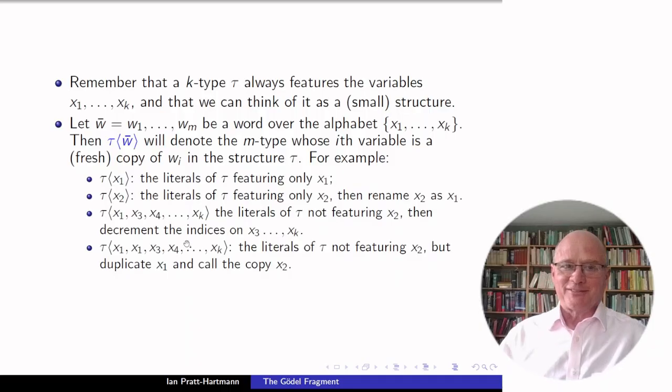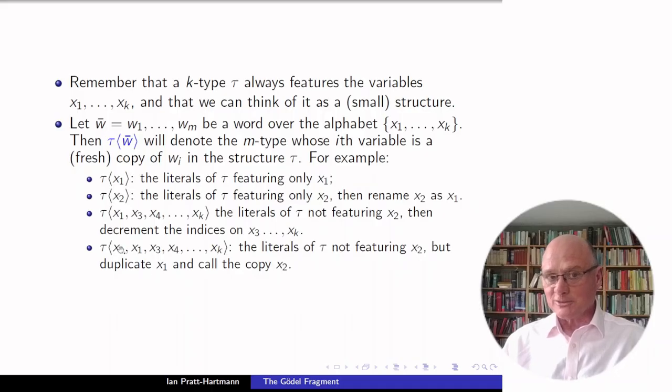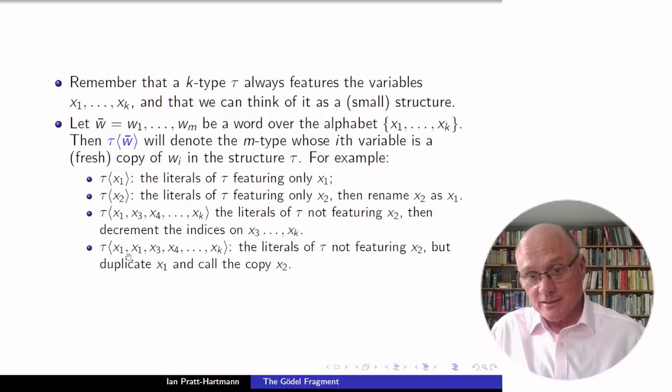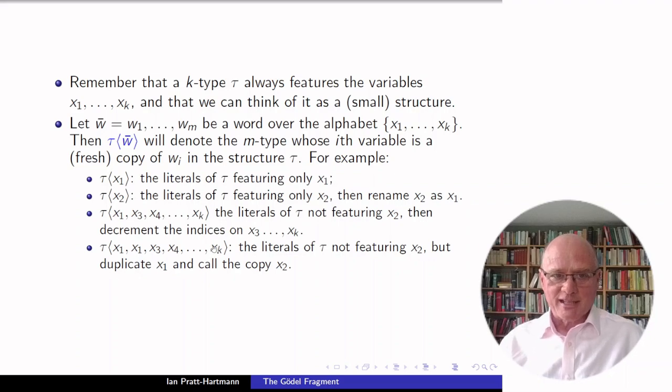And finally, final example. So what about Tor x1, x1, x3, and then a contiguous sequence up to xk? So notice we duplicated x1 here. This has k positions, so it is a k-type. So it will be a set of literals, I beg your pardon, in the variables x1 up to xk.